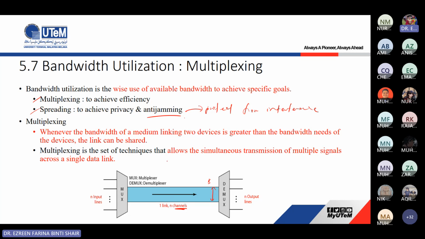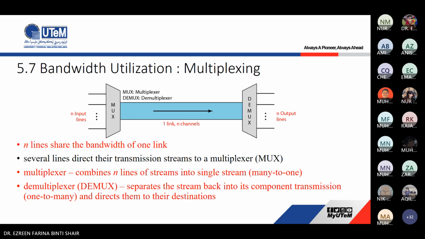Okay, so multiplexing is a set of techniques that allows the simultaneous transmission of multiple signals across a single data link. Multiple signals, but you want to send them in a single data link. So this is the demultiplexer. It is the opposite of the multiplexer, so it will convert from a single data link to multiple outputs.